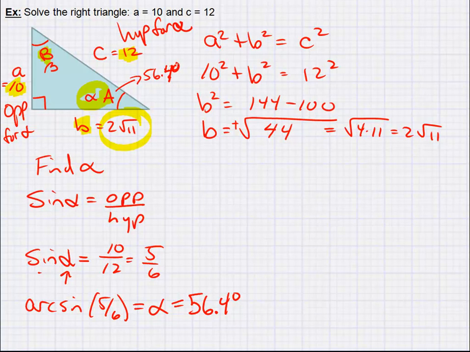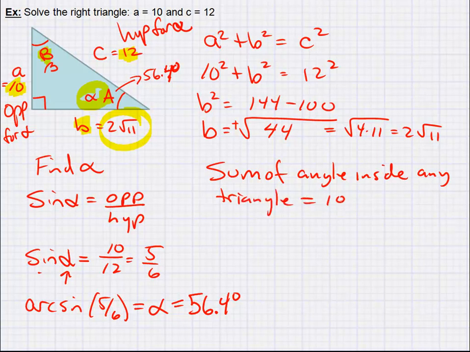I need to find beta. There's two ways I can do it. I can use the same approach to find beta that I used for alpha, or if I know that the sum of angles inside any triangle equals 180 degrees, then I know that alpha, or A, plus B has to equal 90 degrees, because I already know that one of them is 90.